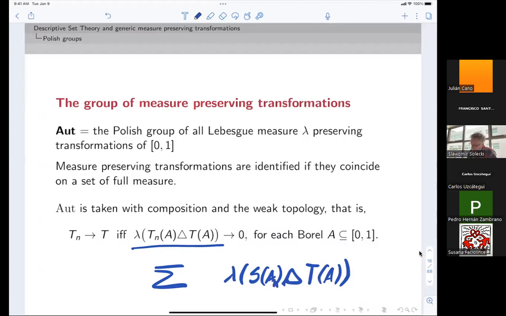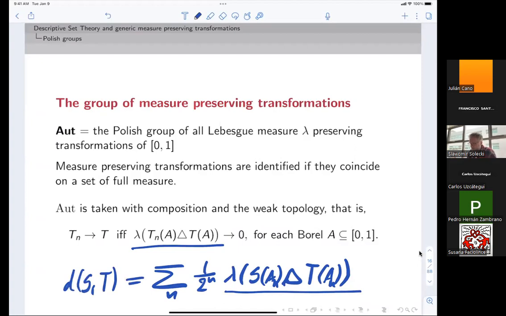So what you do is you fix a countable algebra of Borel sets, and you enumerate it into a sequence An, and you make these measurements on the elements of the algebra. Then you put a weight here so that the series converges, and you consider this sum.